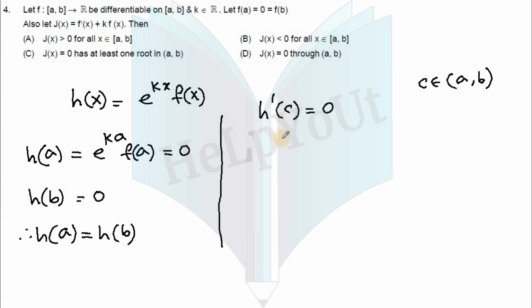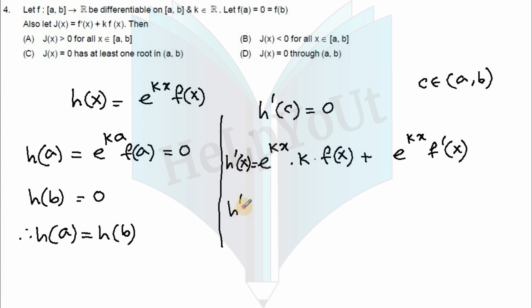So what is h dashed c? Let's find h dashed x first. We differentiate e to the power kx. E to the power kx gives e to the power kx times k because of the chain rule, and then f(x) is with it, and we are using the product rule. So now e to the power kx will be fixed and we will differentiate f(x). So we get f dashed x. This is h dashed x.